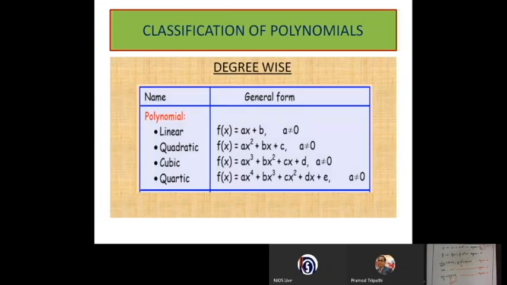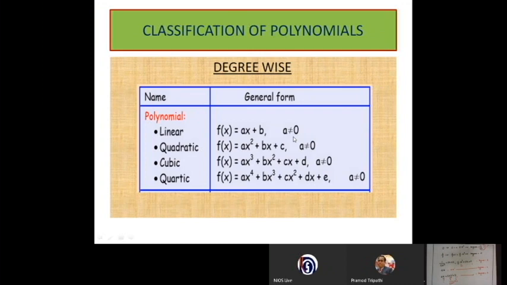Now, degree-wise, we have taken some standard or general forms of the polynomial here. Now we see a polynomial ax plus b, where a is not equal to 0. When a becomes 0, it becomes a constant polynomial.